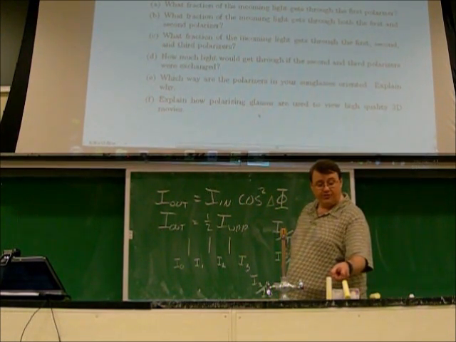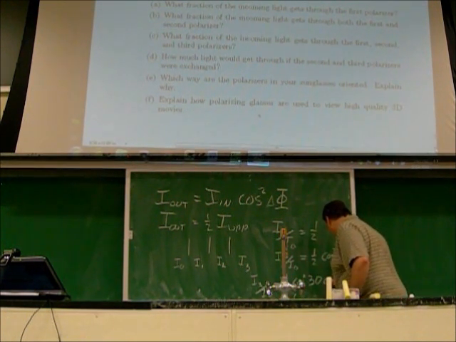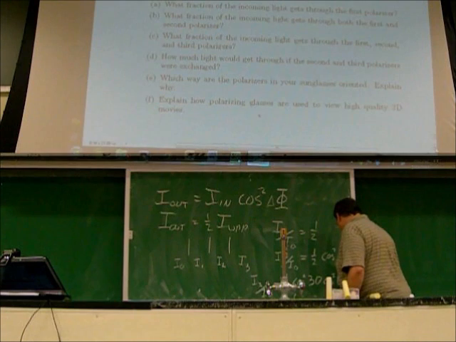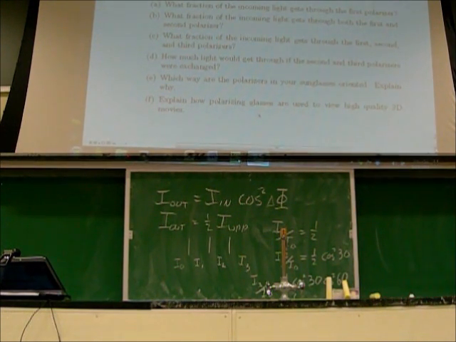What's the difference in angle from here to there? 60. So half of cosine squared 30 of cosine squared 60. Or you might even say in the other sequence, cosine squared 60 of cosine squared 30 of a half is what gets through the whole system. Does everybody follow those calculations?